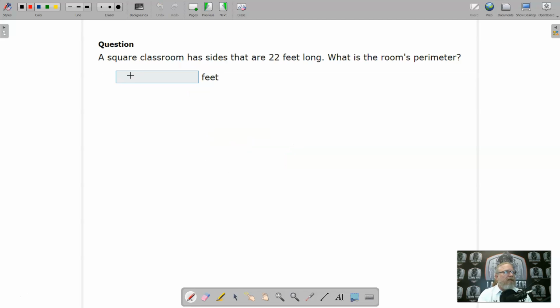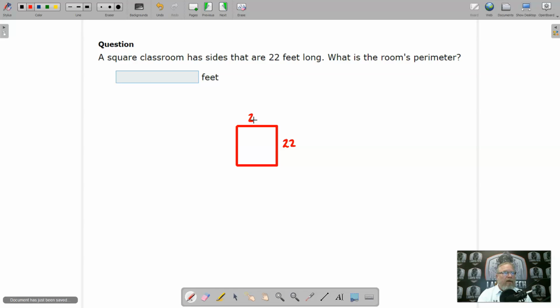On the next one, a square classroom has sides that are 22 feet long. So let's go ahead and make a square. Remember, anytime that you have word problems, often it's a good idea to go ahead and draw a picture of it, right? So it has sides that are 22 feet long. Each side is 22 feet long. What is the room's perimeter? So that's the distance around the outside.